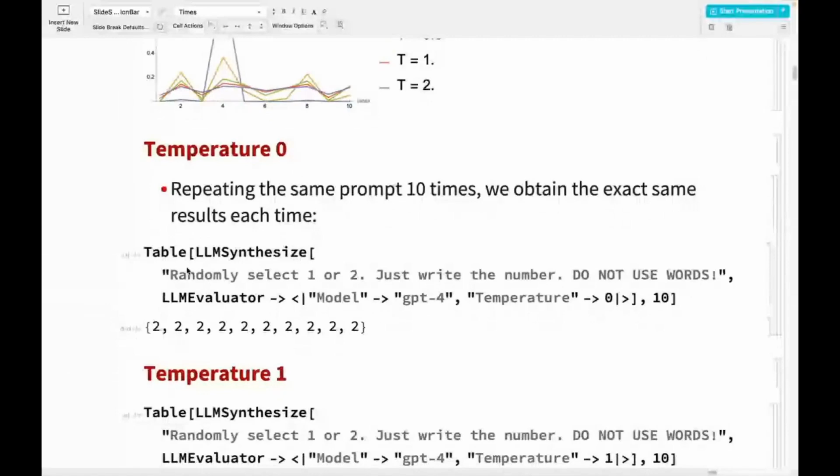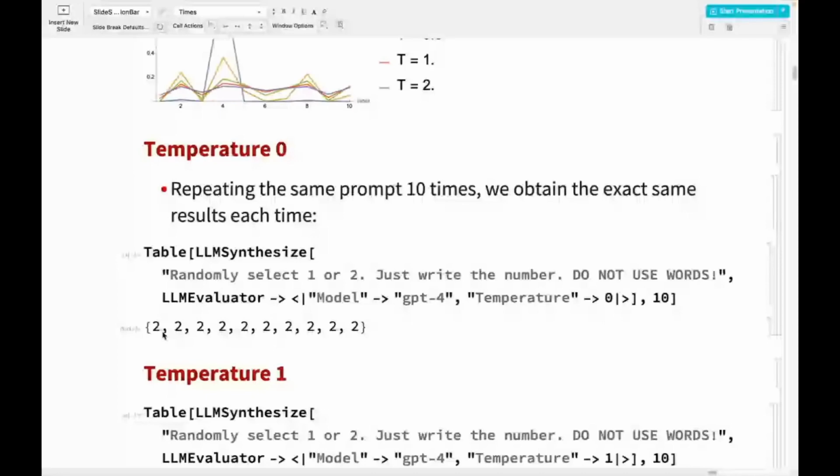So, for example, here I'm using LLM synthesize to ask it to generate randomly between 1 and 2, requesting it 10 times in this case. And at zero temperature, GPT-4 is always giving me 2. But when we increase the temperature to 1, we start getting a bunch of 1s as well.